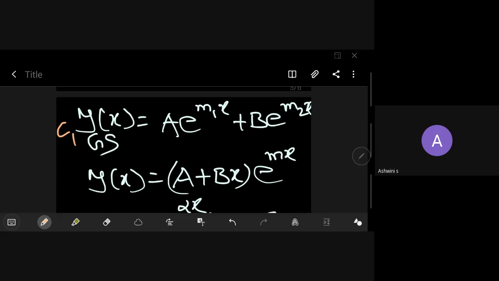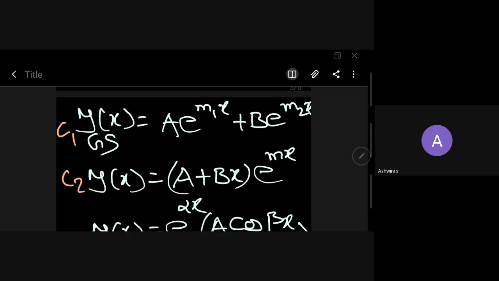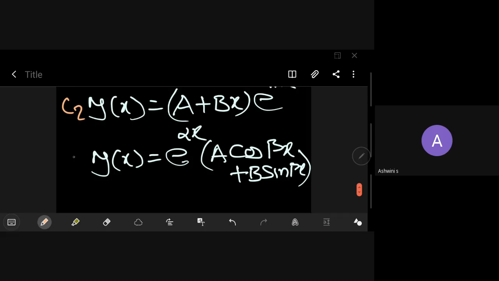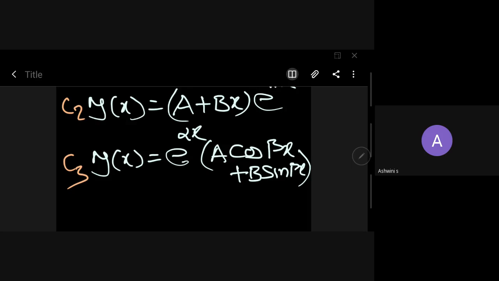So this is C1, case 1; C2, same root, double root, that is m; the third one is complex roots, C3. This is a very important thing. That is what I have given in this slide.